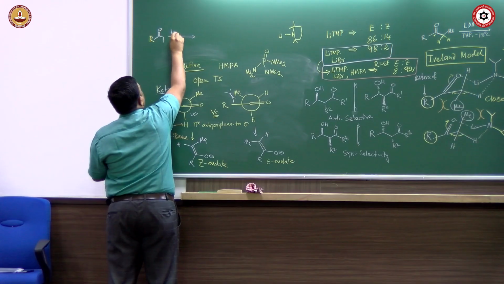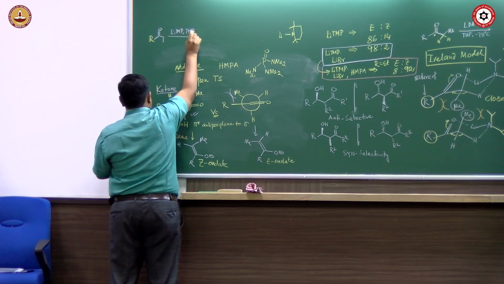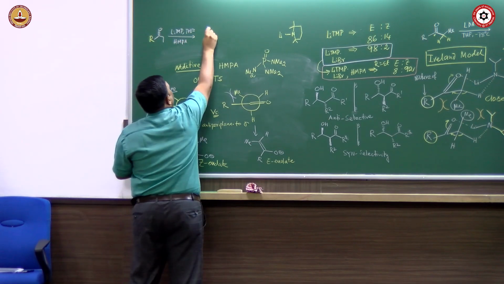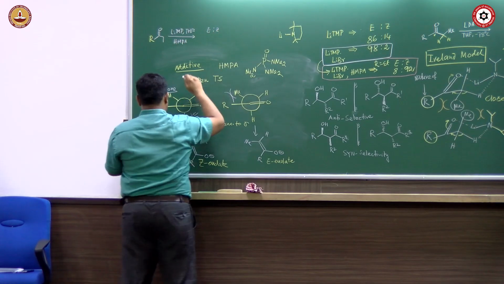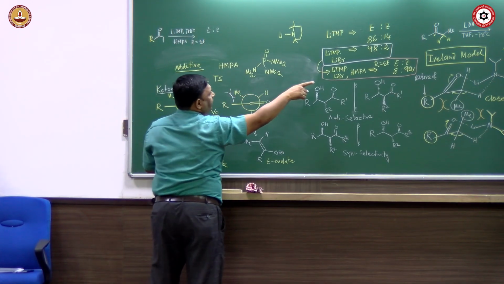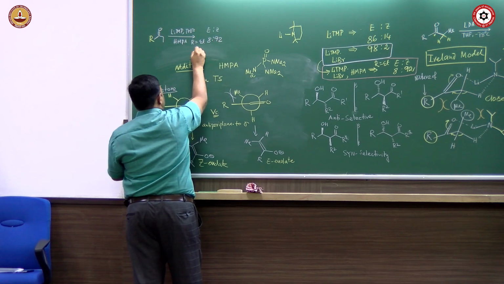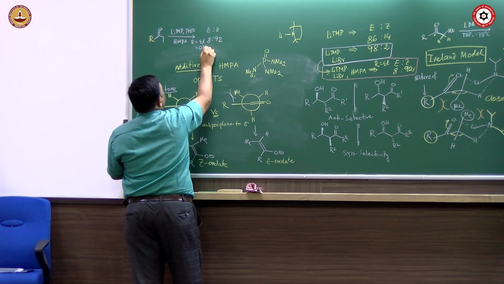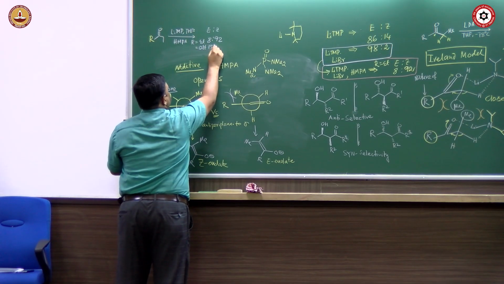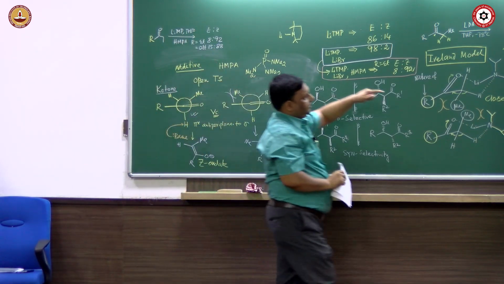We have lithium TMP as a base and THF as a solvent, and we have HMPA as an additive, and we have E to Z. We just figured it out, R is equal to ethyl. We have mentioned that it is 8 to 92. Now, R is equal to OEt, that means I am starting with an ester group, is also the same thing, 15 to 88. You can look at that.